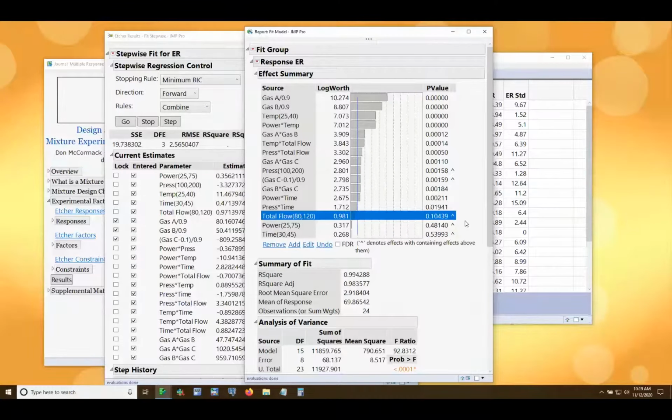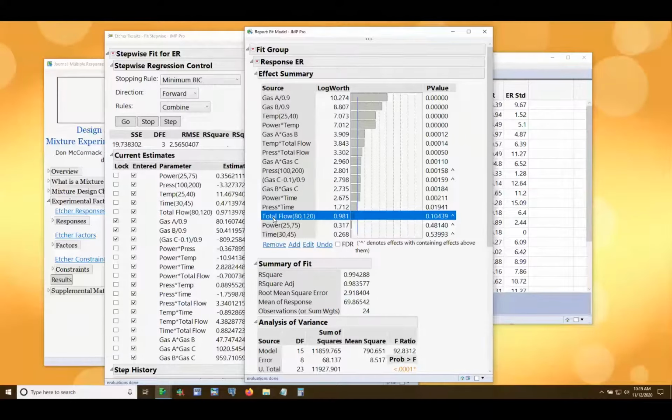Again, even though I remove some of those two-factor interactions, I'm going to have the flow set at some value. If flow is not significant, then I could set it anywhere between 80 and 120, but if it was significant, I would want to have it in the model. So regardless, I'm probably going to want to put that in the model. So there are a couple of different options in terms of fitting the model.